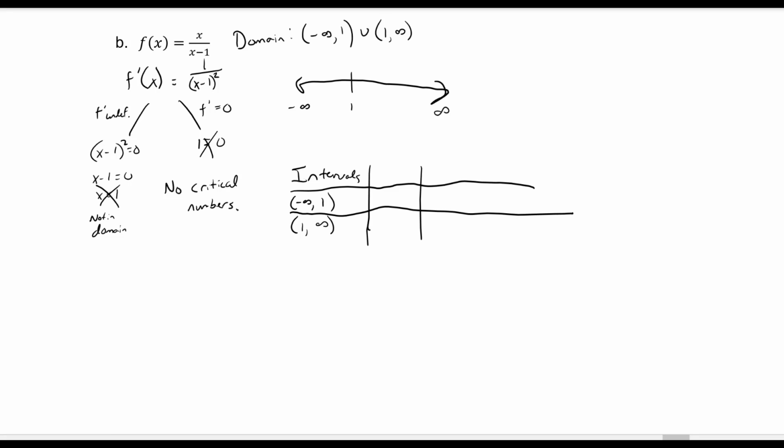So next thing we want to do, pick a test point in each interval. So if we look at the interval from negative infinity to 1, well, let's pick a nice easy number. So 0's in that interval. I typically recommend 0's, 1's if you can, because it's going to be easier.